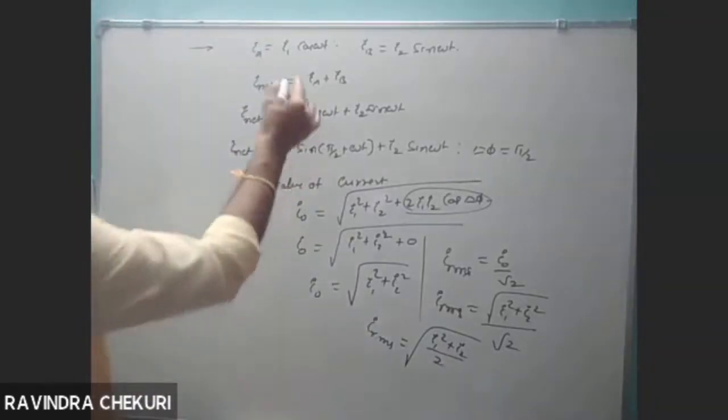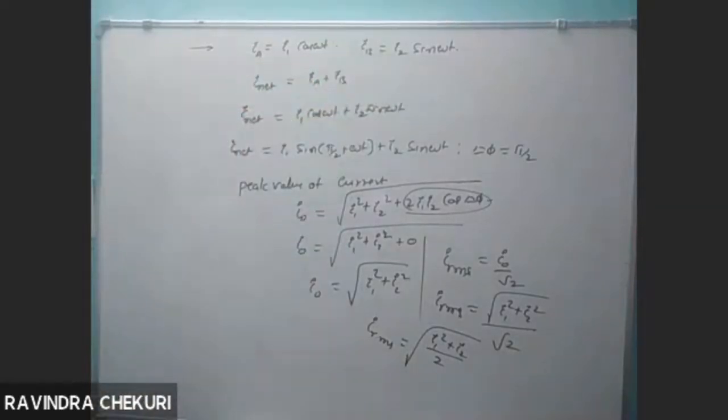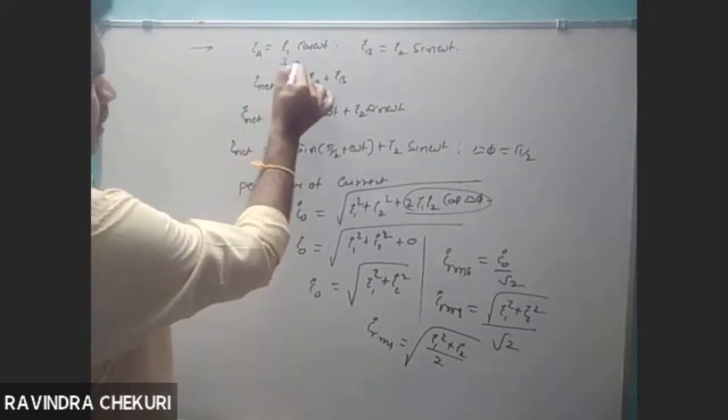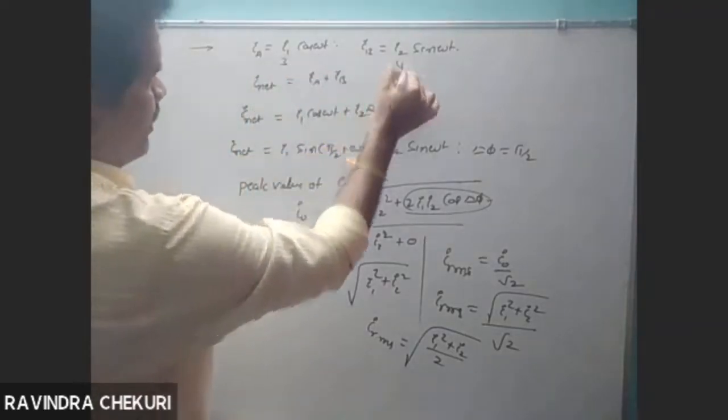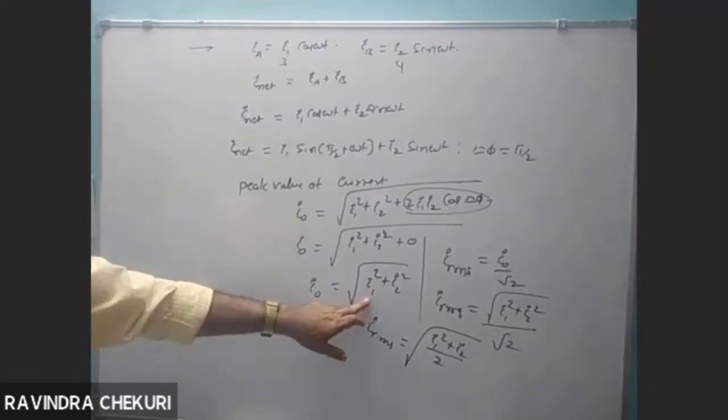For example, the same equation: a generator produces two instantaneous currents, 3 into cos omega t and 4 into cos omega t. What is the peak value of current and what is the RMS value of current? Peak value of current is 5 ampere.